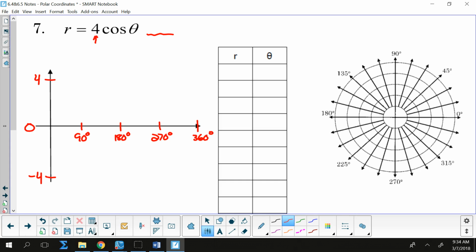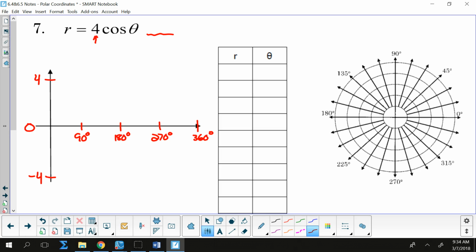Normally, we would go pi over 2, pi, 3 pi over 2, and 2 pi. Now, my question is, remembering back, does cosine start in the middle, or does it start on top? Starts on the top, right?